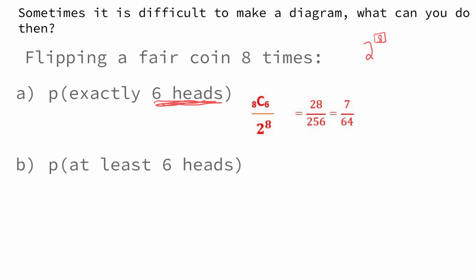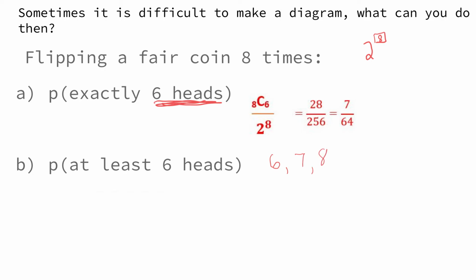Now, on this next one, it says at least 6 heads. So that means we could get 6 heads, we could get 7 heads, or we could get 8 heads. And so we're going to have to figure out the amount of all 3 of those options. So we're going to do the number of combinations with 6 heads, 7 heads, and 8 heads.